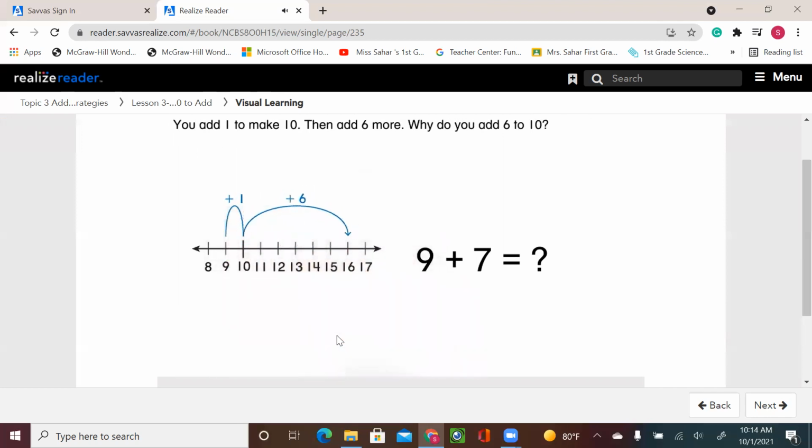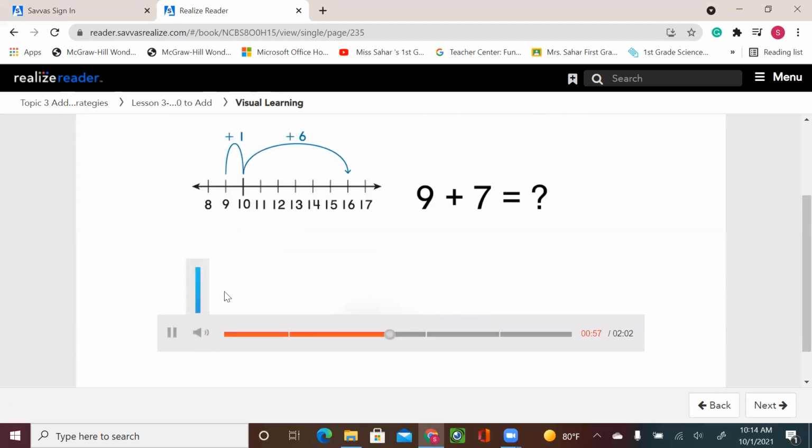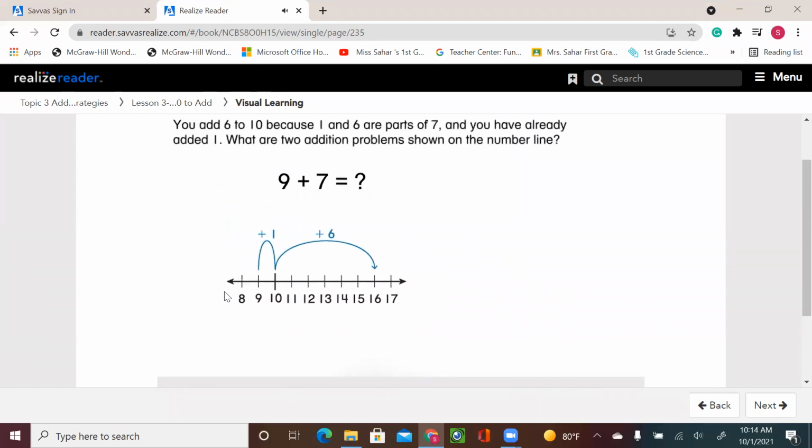Why do you add 6 to 10? Because 6 plus 1 equals 7, and this is my second addend, 7. You add 6 to 10 because 1 and 6 are parts of 7, and you have already added 1.